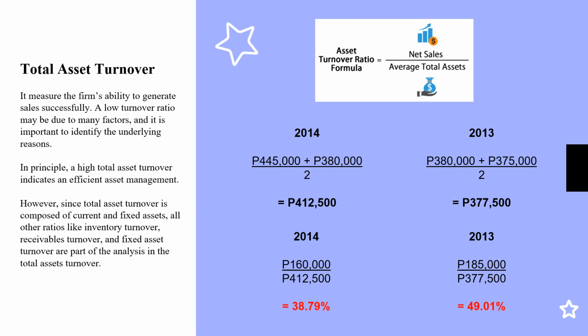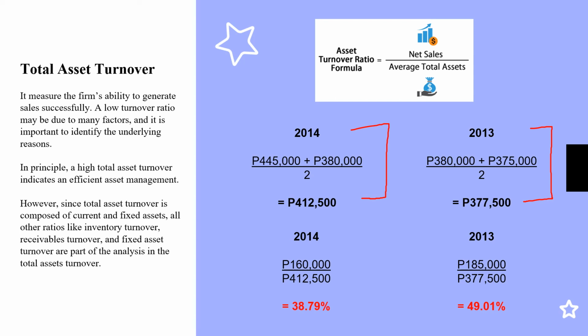So again, same way kung paano natin kukuhanin yung average, previous plus current divided by 2, no? Or current plus previous divided by 2. So net sales is given. So here is the example of getting the average total assets for 2013 and 2014. And then let's proceed kung paano natin kukunin yung asset turnover natin.